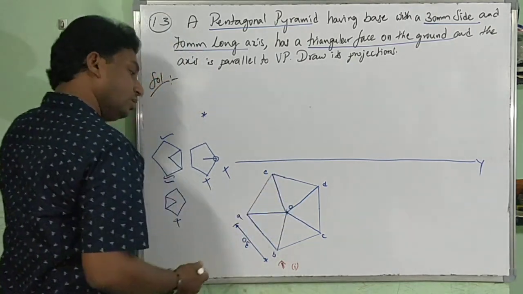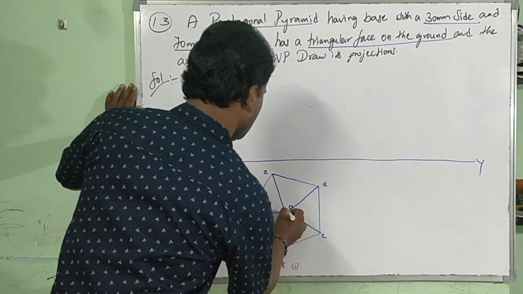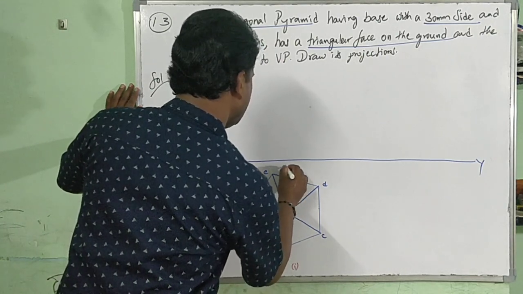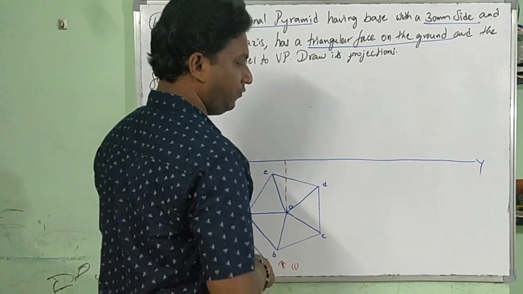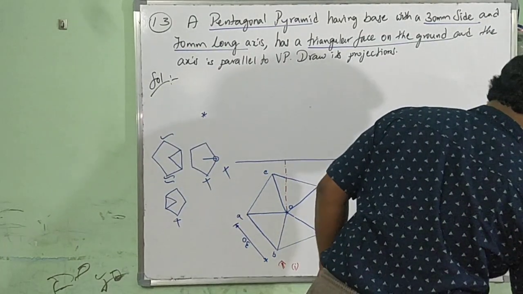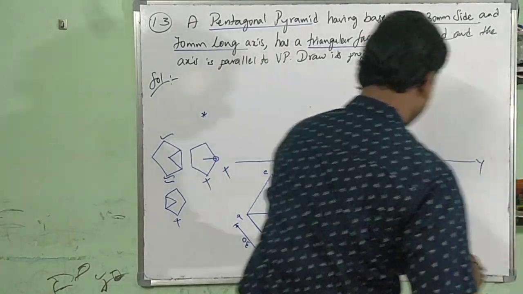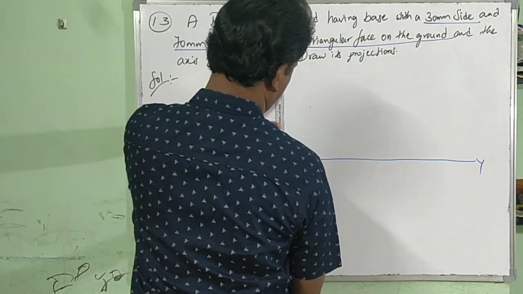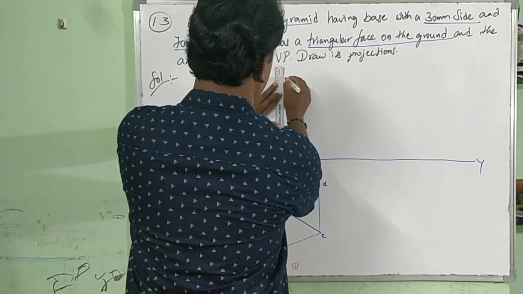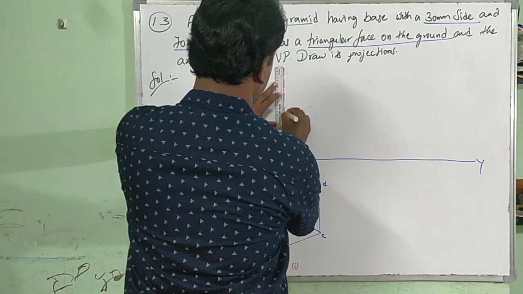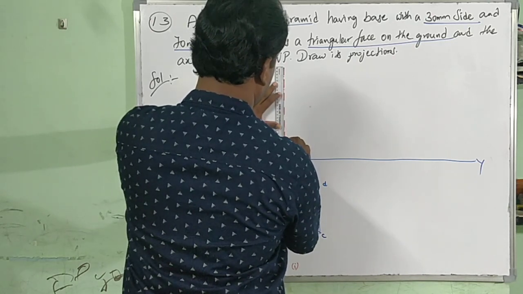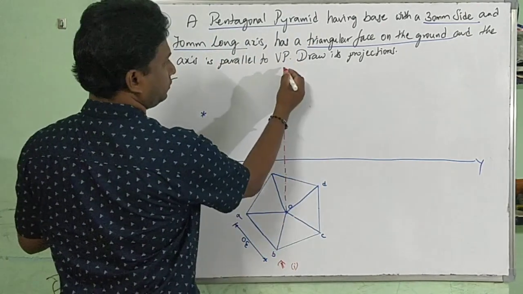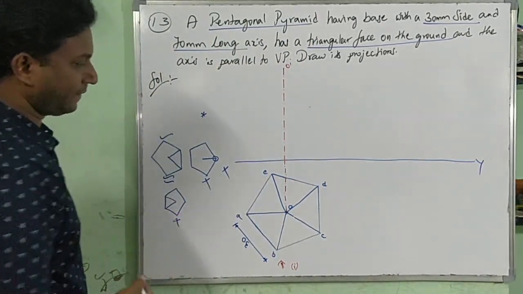So I have to draw O as a clear visible line of what height? Of 70 mm. This becomes O dash.